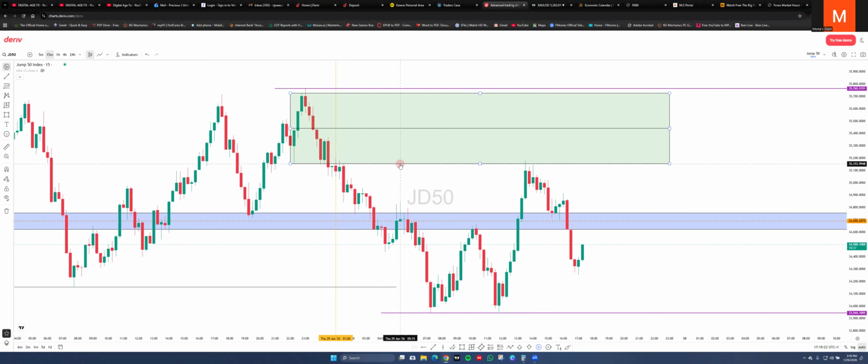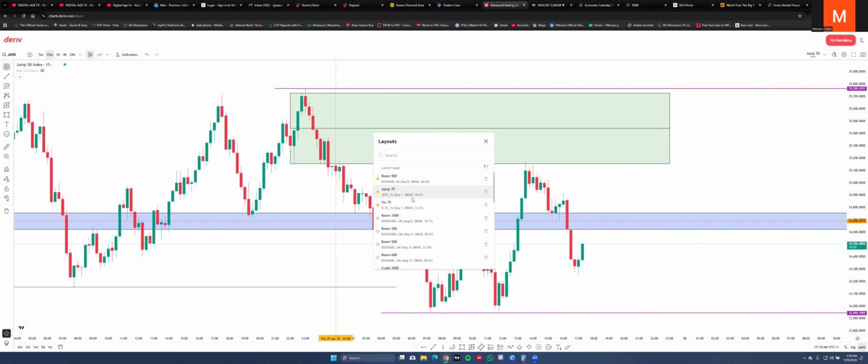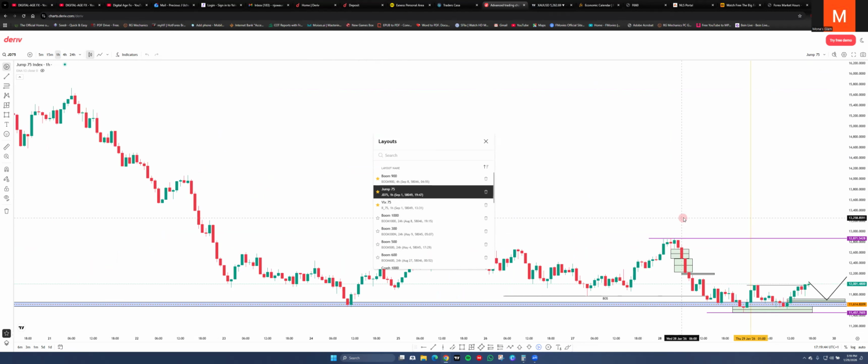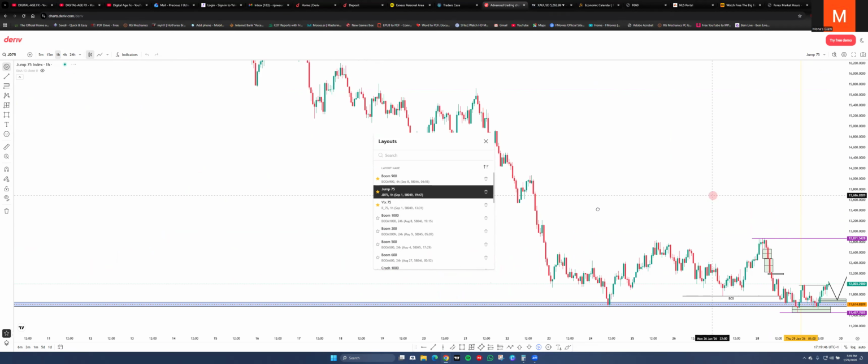Probably this one then. Hmm. So there's another support here, this bullish candle. Yeah. There's another order block here, rather. This bullish candle. So for now, the trade we're looking at is this Jump 75. We're looking out to see what happens.